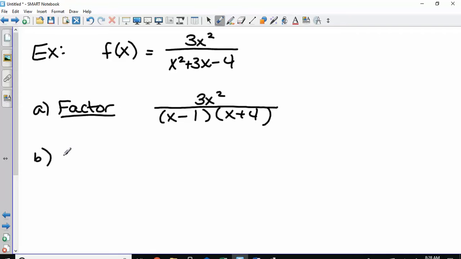Then I would ask you for your intercepts. This is like that second question on your study guide. So make sure you write these down or look at them, or go back and review the video before the final if you need to. How do we find an x-intercept?